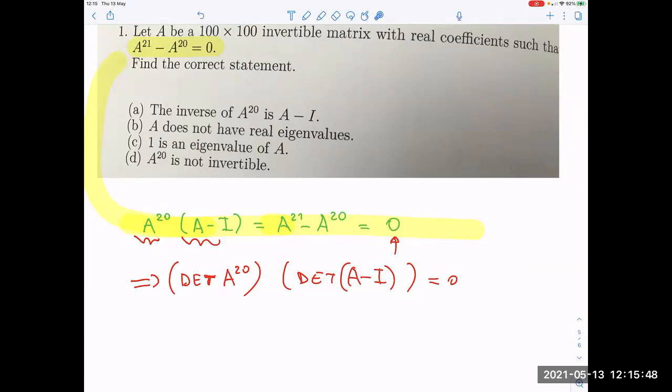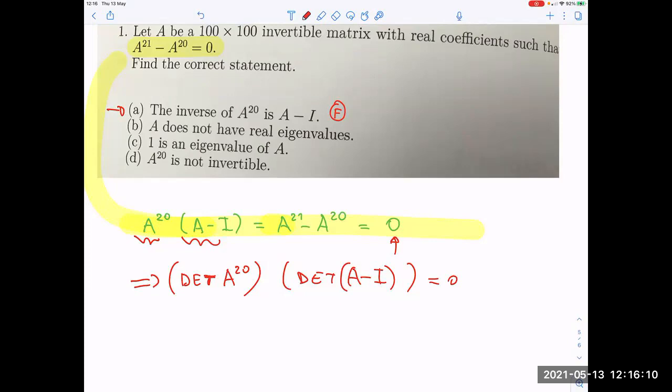I'm looking at option A. Option A says the inverse of A20 is A minus 1. That is not true, because the product of A20 by A minus 1 is not the identity, but it is 0. So this is false. Okay, good.